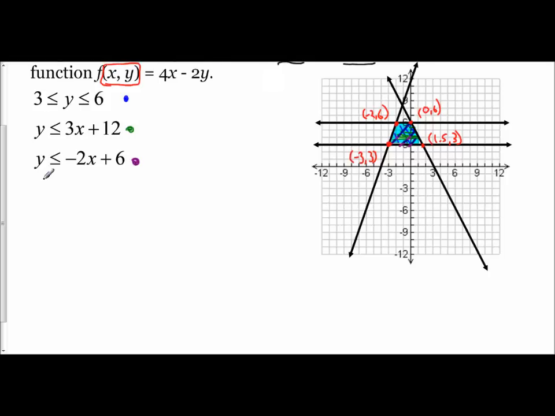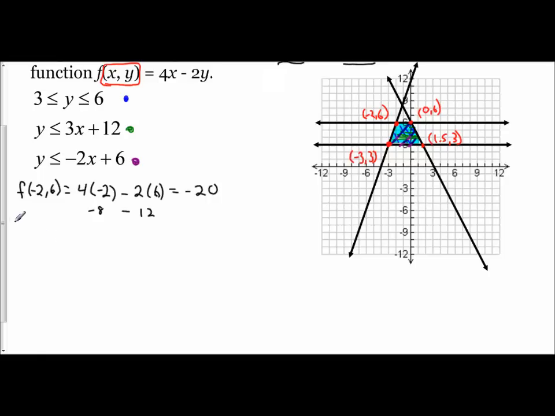So let's start with our -2, 6. So the function at the coordinate -2, 6 would be 4 times -2 minus 2 times 6. And that gives me -8 minus 12, so that is -20.